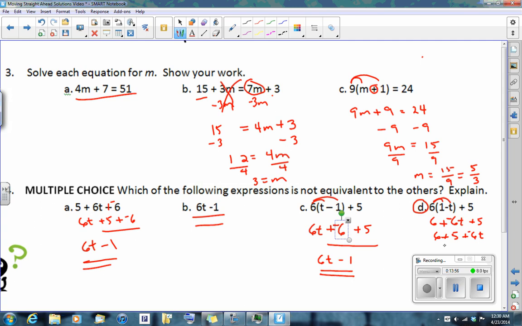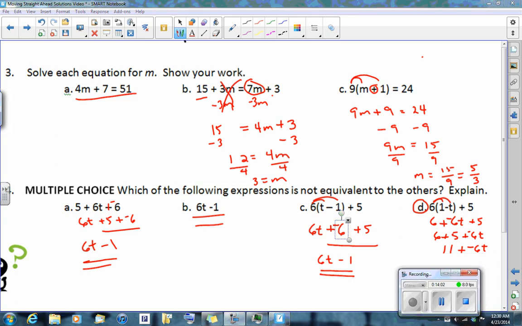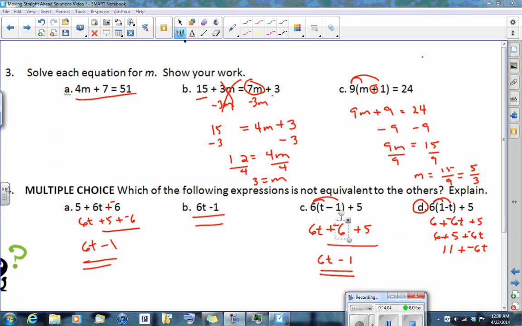So we got 6 and 5 is 11 plus negative 6t. Even if I put the term with the t in front, I've got plus 11, or positive 11, instead of negative 1 or subtract 1. So D is the odd one out because there's no way we can rewrite or simplify it so that it's like the others.